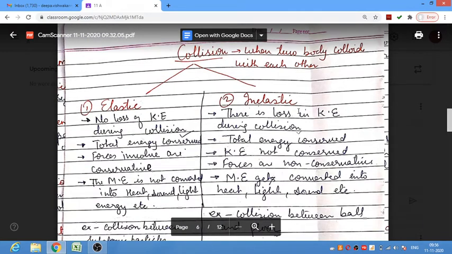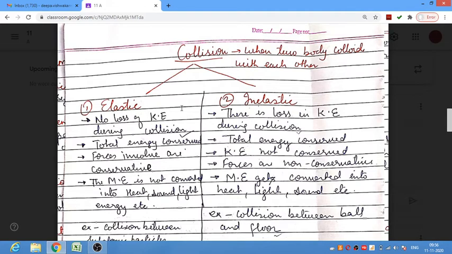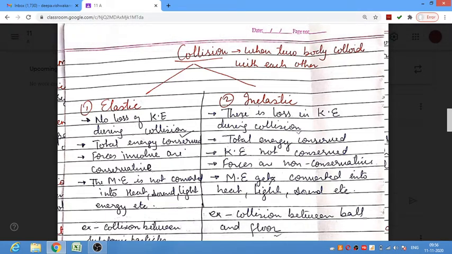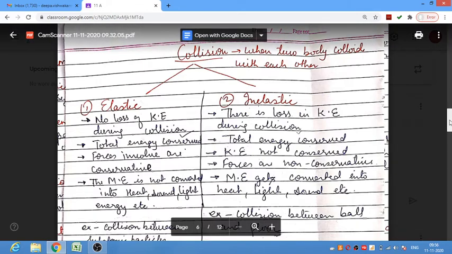Then we can see there are two types of collision: elastic collision and inelastic collision. We will see the differences. In elastic collision, there is no loss of kinetic energy, but in inelastic collision there is loss in kinetic energy during the collision.